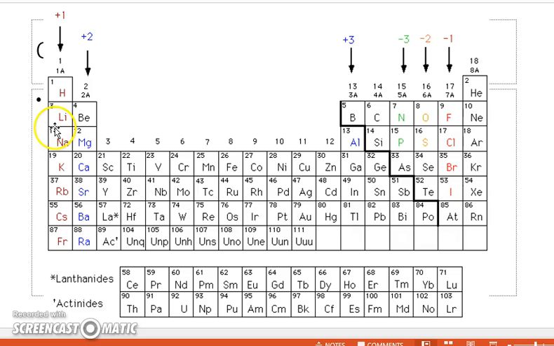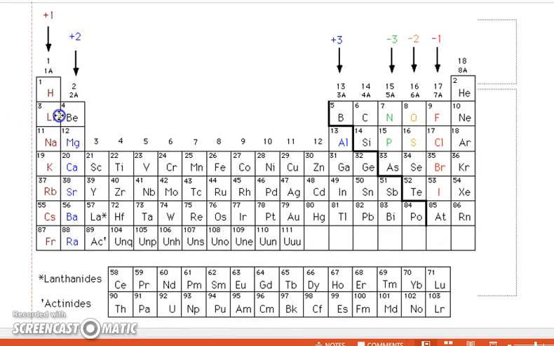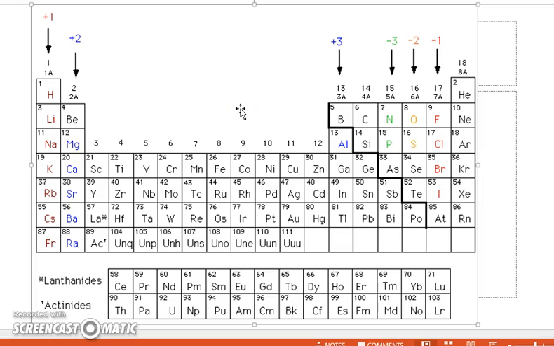Now, if you think back to when we talked about balancing charges, all of the group 1 elements are going to have a +1 charge. Group 2 is going to have a +2 charge. Group 3 is going to have a +3 charge because remember we skipped the transition metals. So group 3 is over here, has a +3 charge. Then we kind of skip over group 4 because they can act a little weird too.